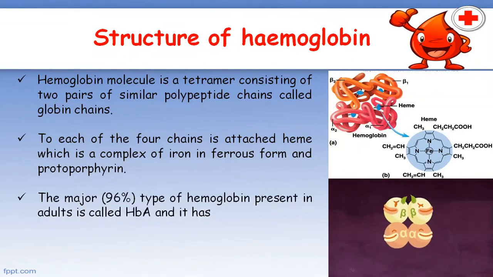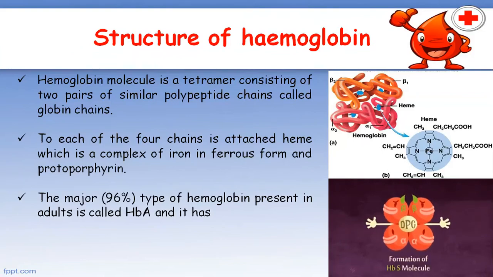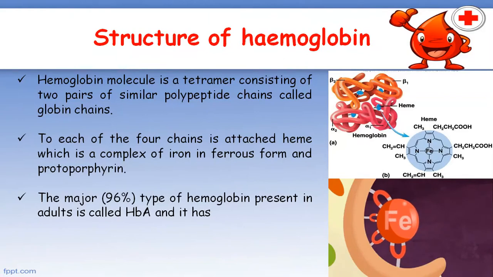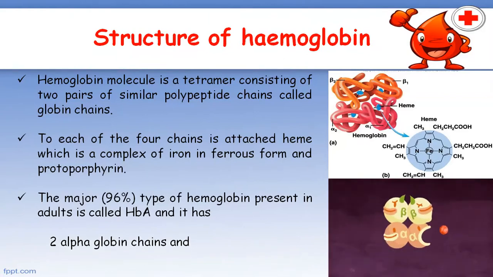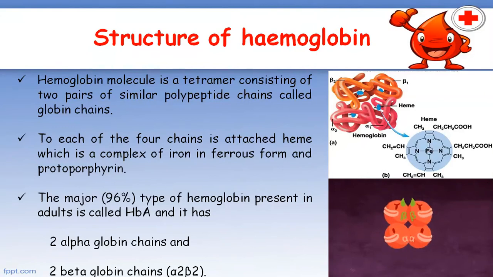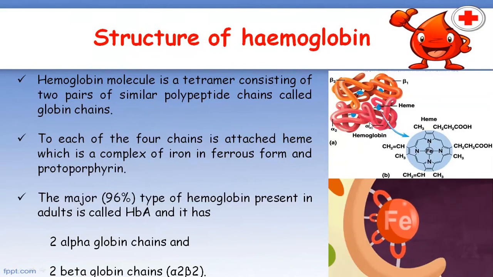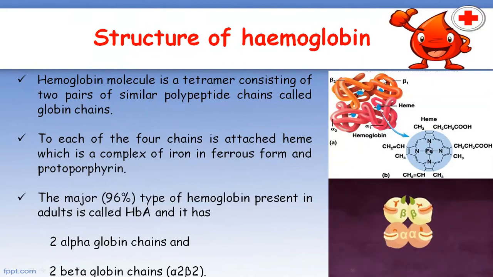The major type of hemoglobin present in adults is called hemoglobin A, or HbA, and it has two alpha globin chains and two beta globin chains. Now see in the diagram, they contain the two alpha globin chains and the two beta globin chains.